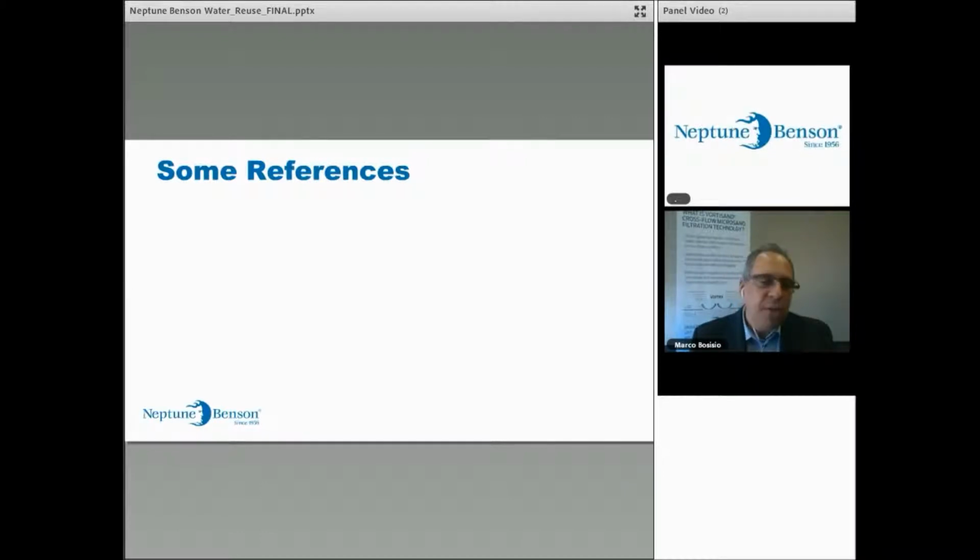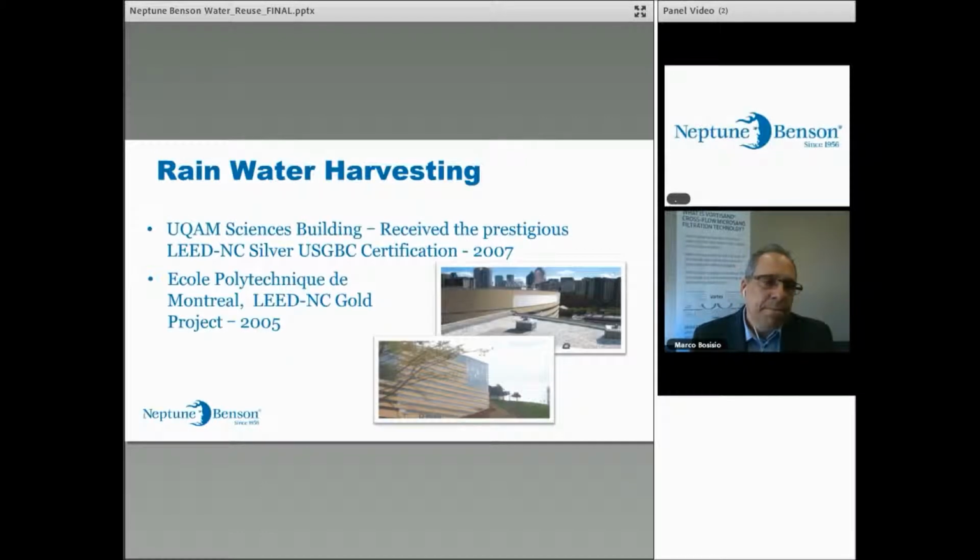Let's go over some references and see what we have. It could be very simple, just a polishing step to recuperate rainwater, for example, back to the gray water network. It has been used in at least two different places. These two are LEED references, one from the University of Montreal, École Polytechnique, the other from the University of Quebec.